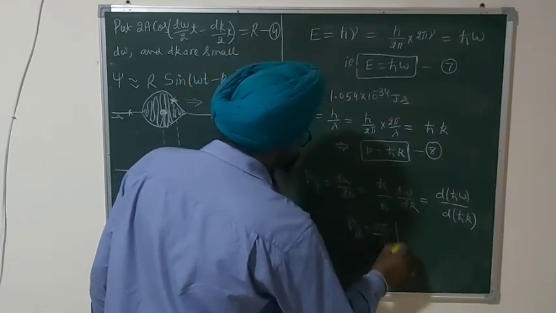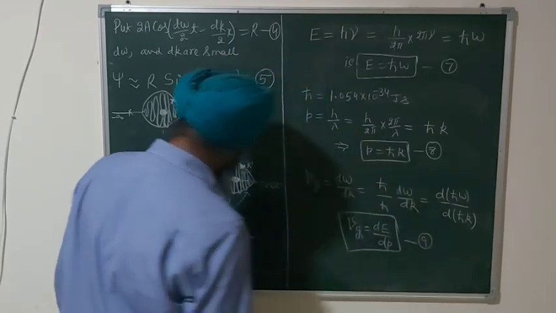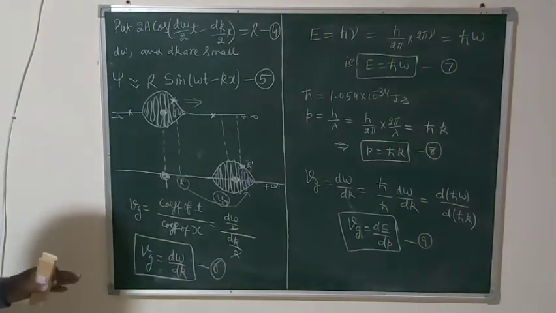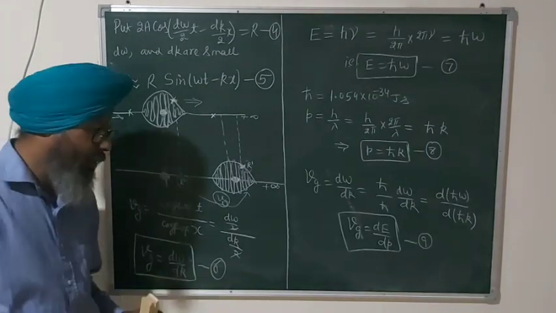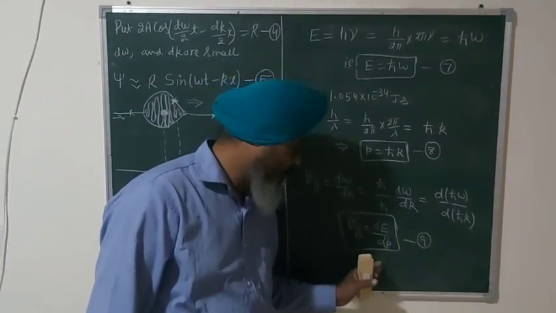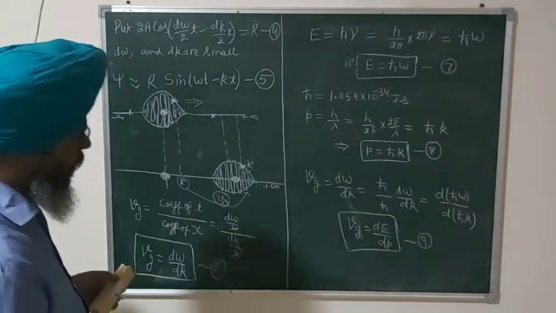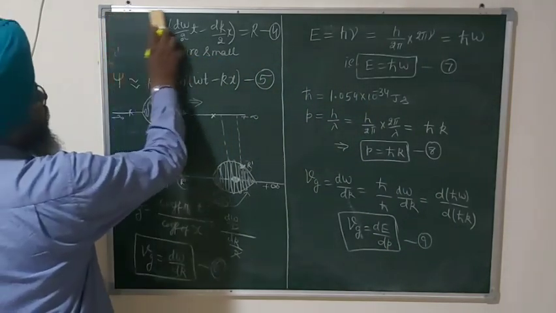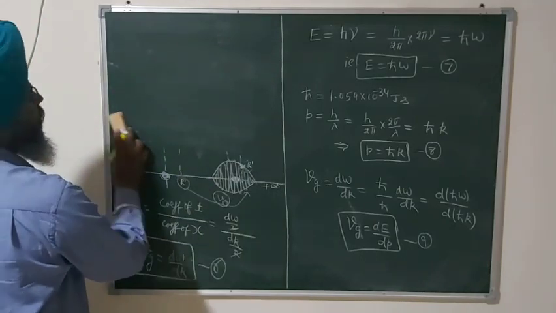So we now have two expressions for group velocity. The first is given by equation number 6, the derivative of omega with respect to k, and according to 9 it is the derivative of E, total energy, with respect to the magnitude of the linear momentum. Now we want to check whether this group velocity is equal to particle velocity or not.